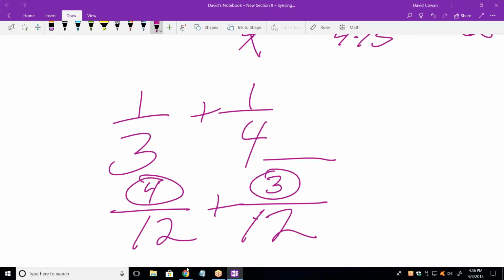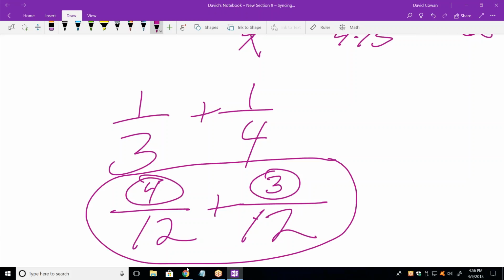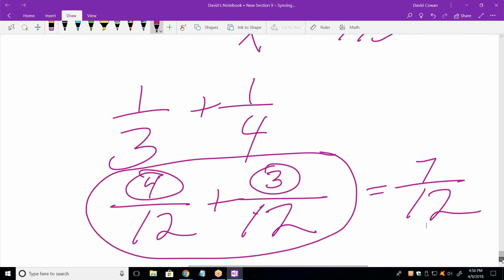So now add those two numbers, now that you've got a common denominator. 7 over 12. You got it. Now, piece of cake. I'm just going to make it slightly harder.